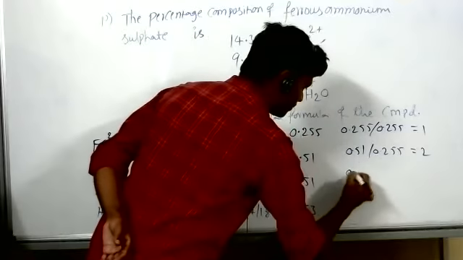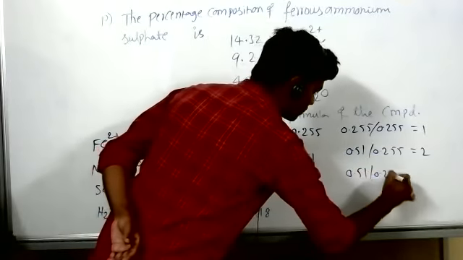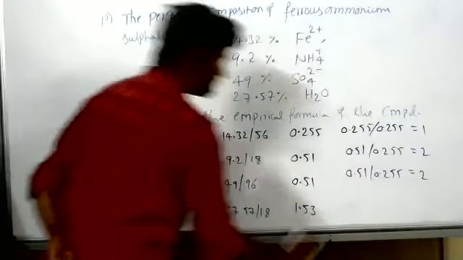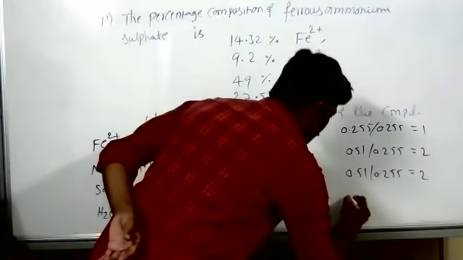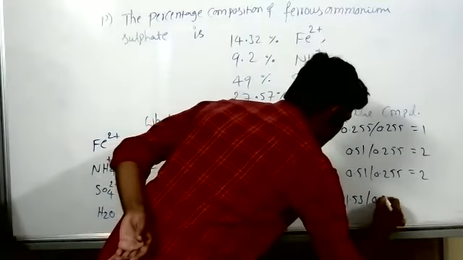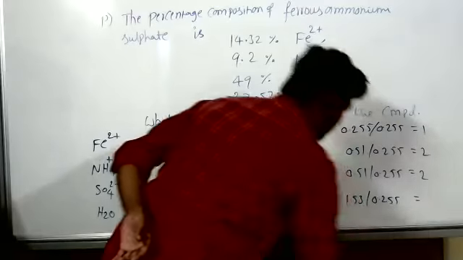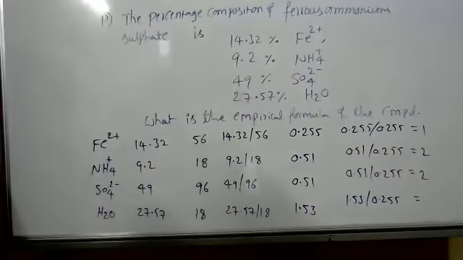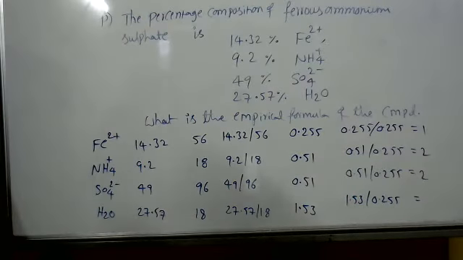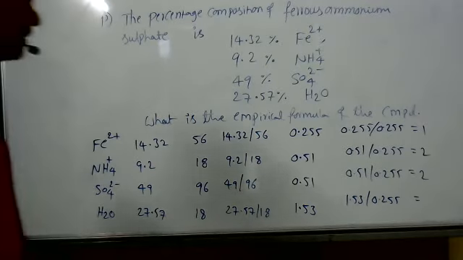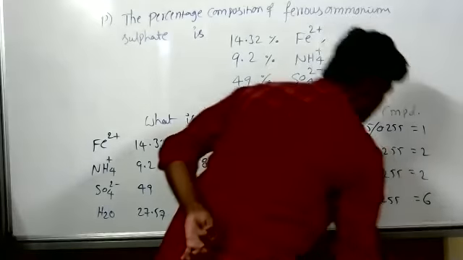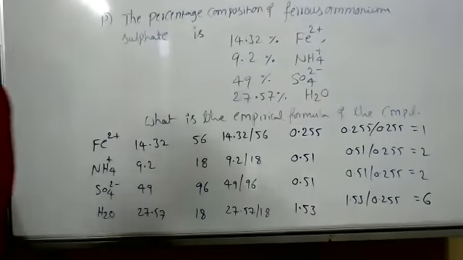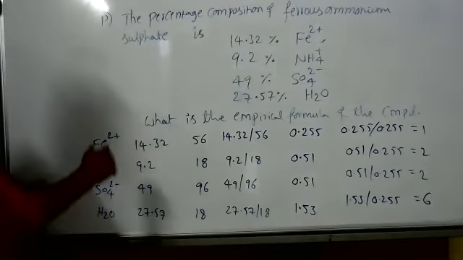Next one also 2. 1.53 divided by 0.255 is approximately 6. Yeah, 6. So now write the empirical formula.